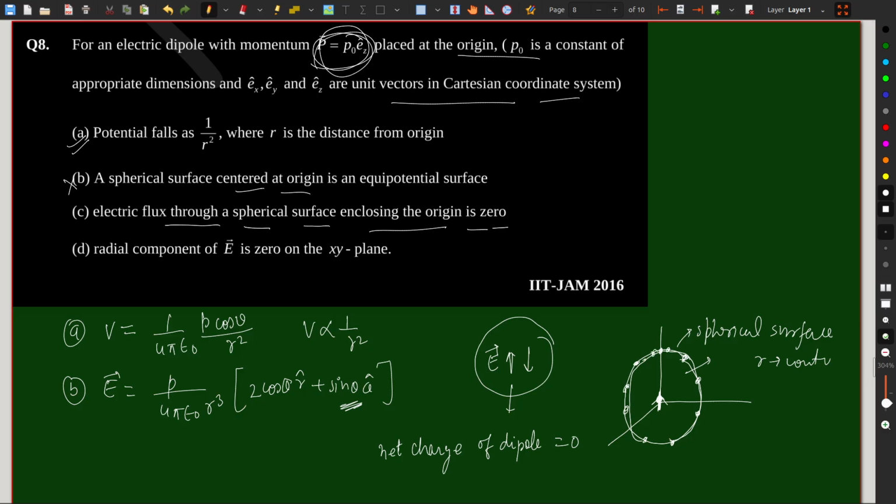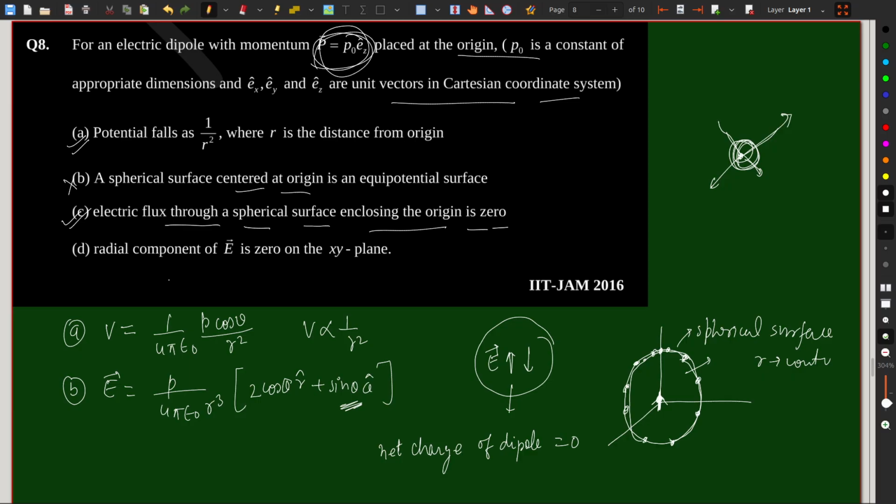The negative charge produces flux, and the positive charge produces equal and opposite electric field lines, so they cancel out each other's effect. So the net flux through any surface will be zero. Yes, this is the correct option.